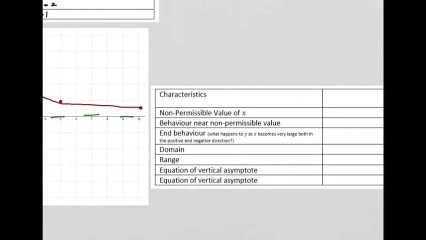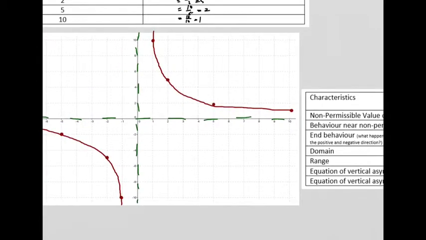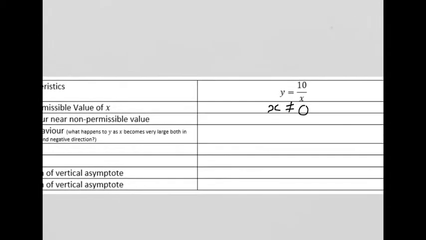What is the behavior of the graph near the non-permissible value? Undefined. What's happening around this point here? What is the graph doing? Running away. It's running away from it, basically, right? Could put running away.